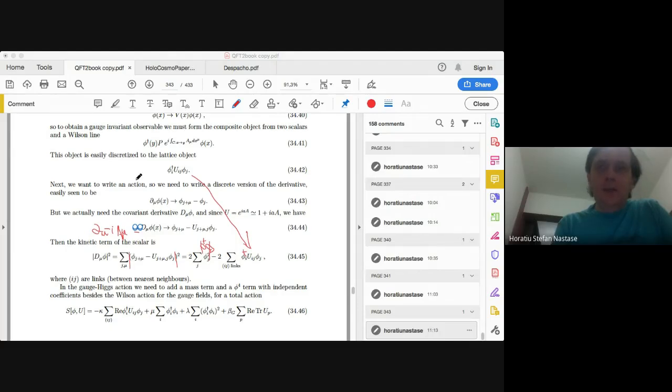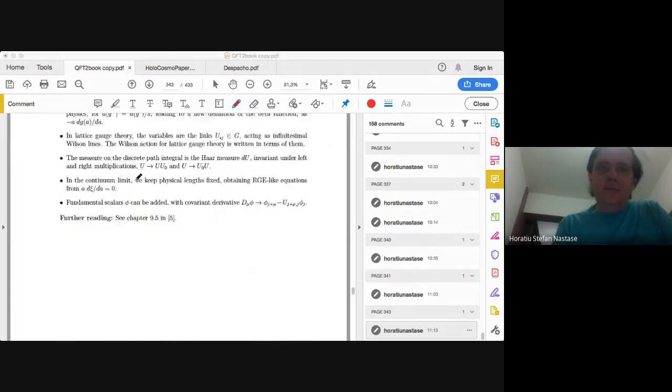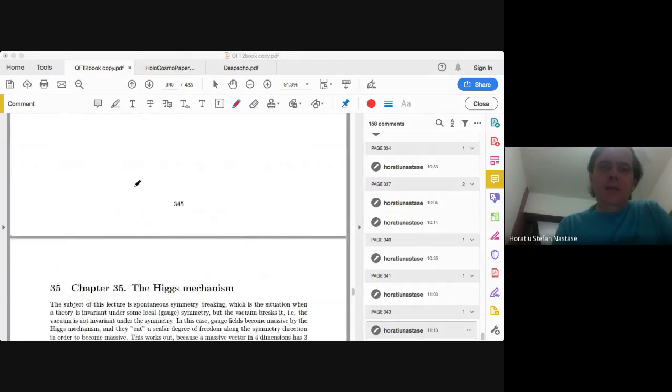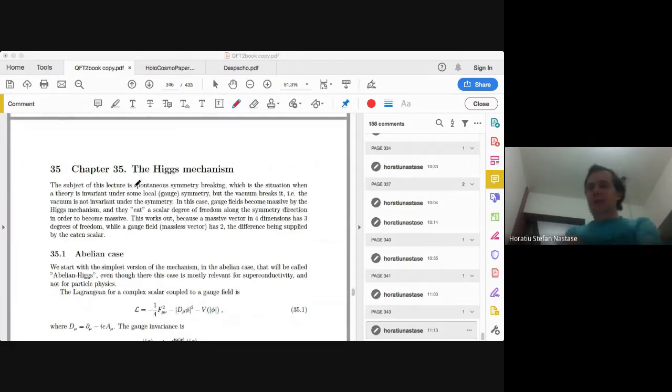All right. So today we're going to talk about the Higgs mechanism. Higgs mechanism is a name for spontaneous symmetry breaking, meaning there's a theory with a local gauge symmetry, but the vacuum breaks it.